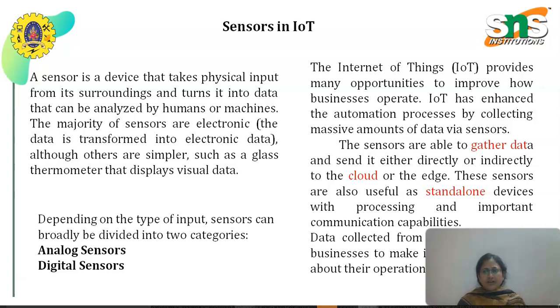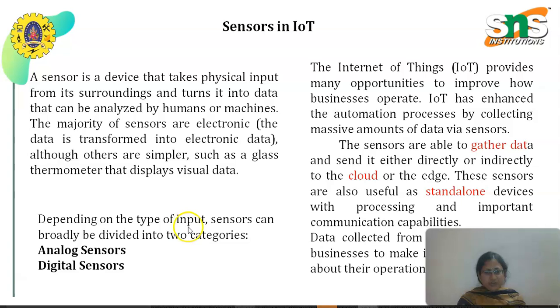IoT has enhanced the automation process by collecting massive amounts of data via sensors. Sensors are able to gather data and send it directly or indirectly to the cloud or the edge. These sensors are useful on standalone devices with processing and important communication capabilities.